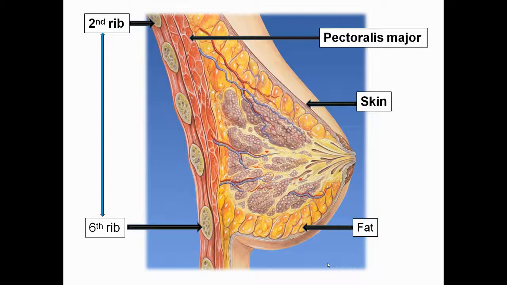Here we see the coronal plane of the breast, and we can see the skin, the fat and some lobules, and the muscles also, that is the pectoralis muscle. We can see very clearly the breast is situated on the pectoralis muscles.